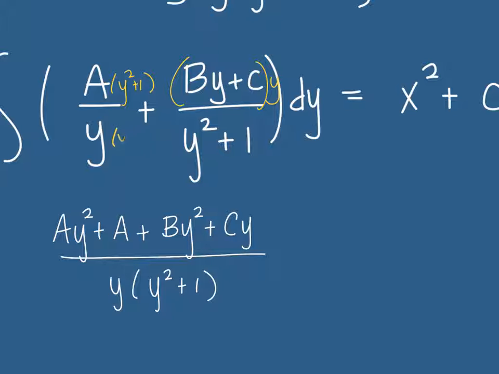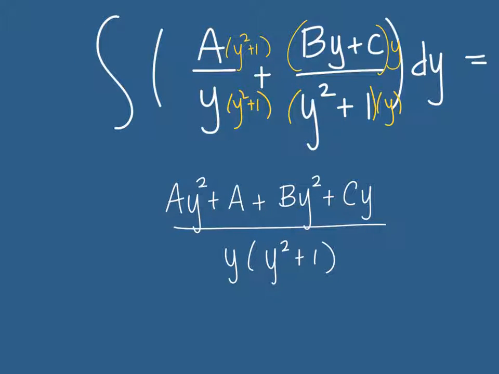I should have written that this one got y squared plus 1 and this one is getting y. What did that come from? It came from the original problem, which was 1 over y times y squared plus 1.